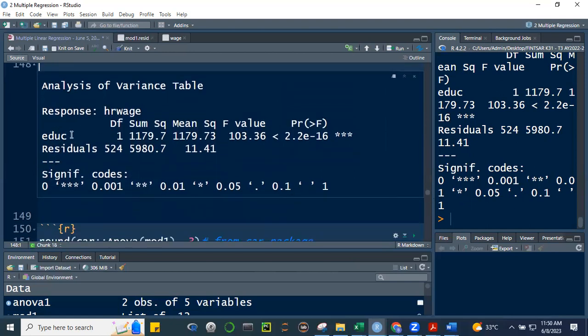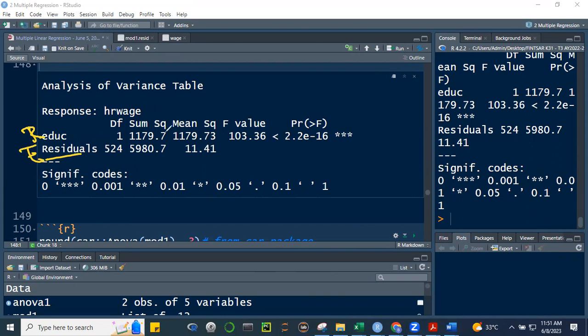So this class here is the SS. This is your SSR. Education is your regression, right? Let me say that again: education is our regression, and residual is our error term.